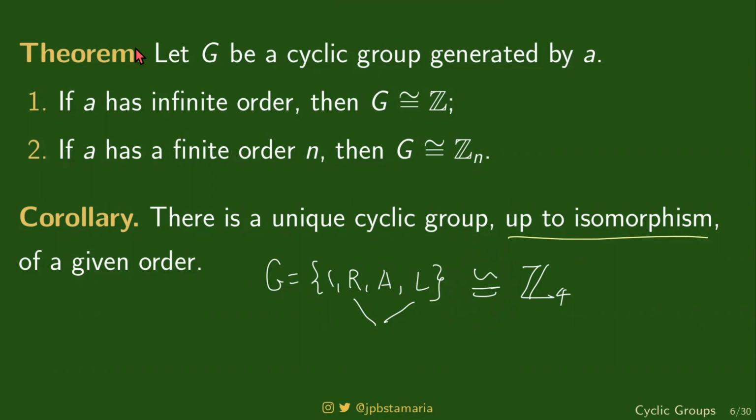Kaya nga, there is a unique cyclic group up to isomorphism. I'm not saying there is a unique cyclic group per se. I'm saying there is a unique cyclic group up to isomorphism. We're not counting two groups as two kung isomorphic lang naman sila. We're counting them as one. Yun yung ibig sabihin.